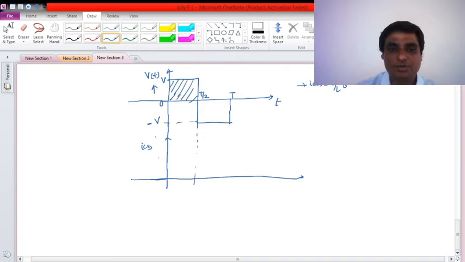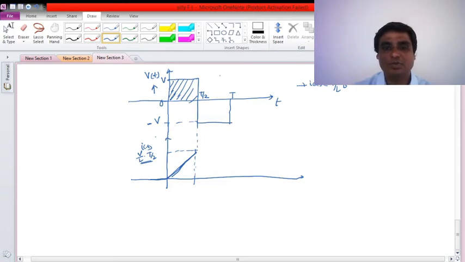So how much is the current? The current will go like this, it will increase linearly up to this point. And what will this current be? This current will be V by L into the time T by 2. Okay, so this much current is established by spending this much volt second. Okay, so area under the curve, in short.